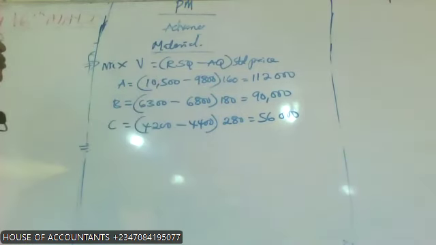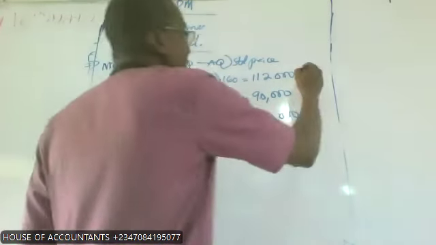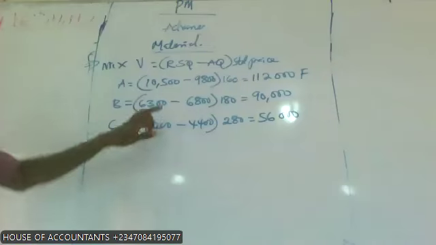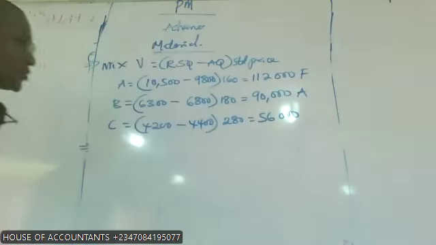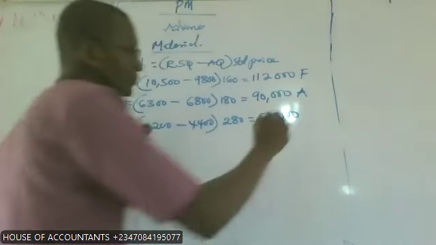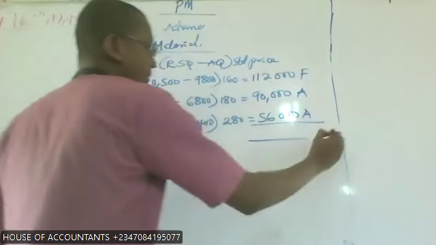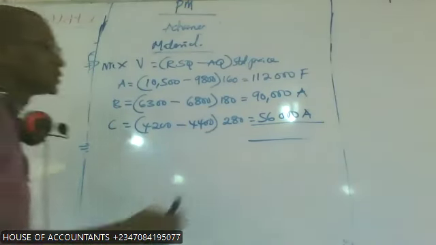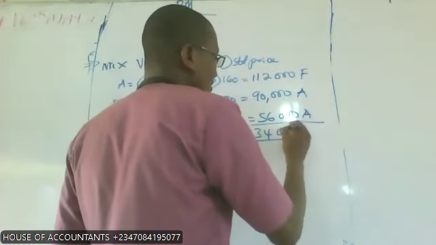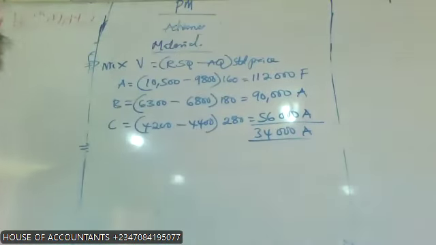Favorable or adverse? It's favorable, you use less. Then higher is adverse. This one is adverse. Next, the total is 34,000. That's what they asked you to find.